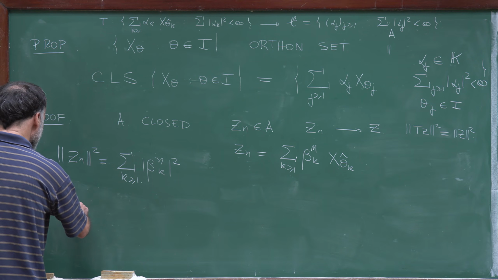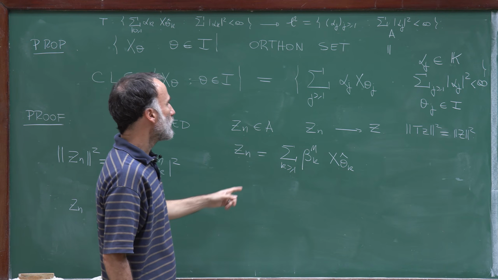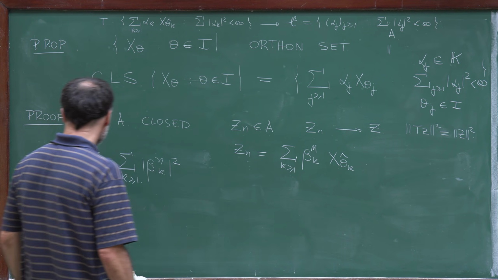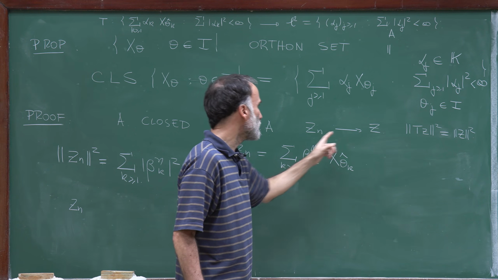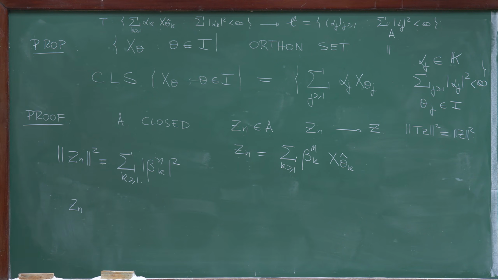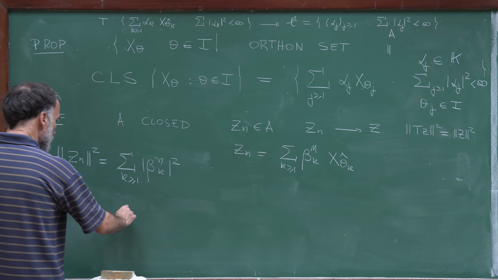So we have Zn. Zn are elements of A, and they are converging to Z. So I want to show that Z is an element of our space A. So for that, I take Zn.